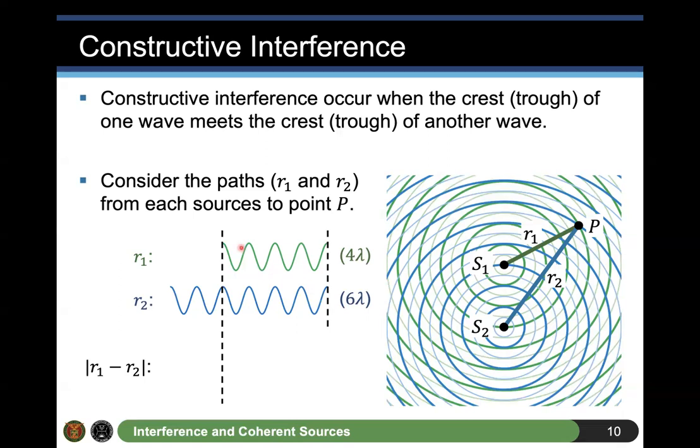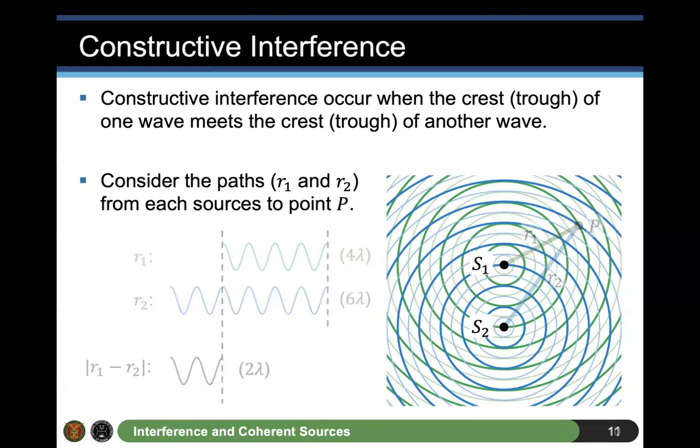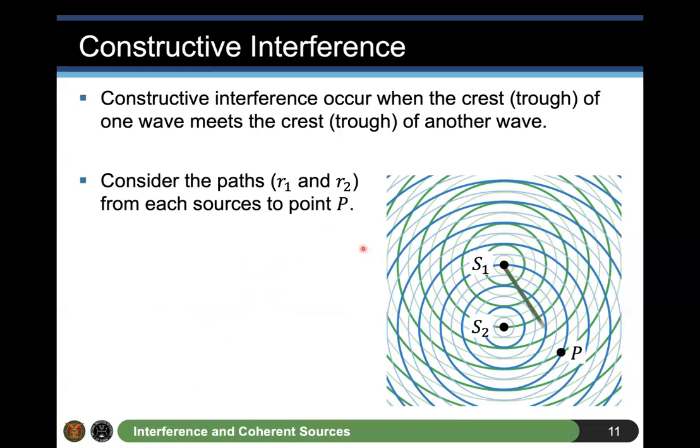Okay? So, ngayon, magsa-subtract, so magka-cancel out to mga to, ang maiiwan lang is this part, which is just 2 lambda. Okay? So, para ka na lang din nag-subtract 6 minus 4, 2 lambda. Or 4 minus 6 is negative 2, but absolute value, so 2 lambda. Okay? So, that is your path difference for constructive interference.